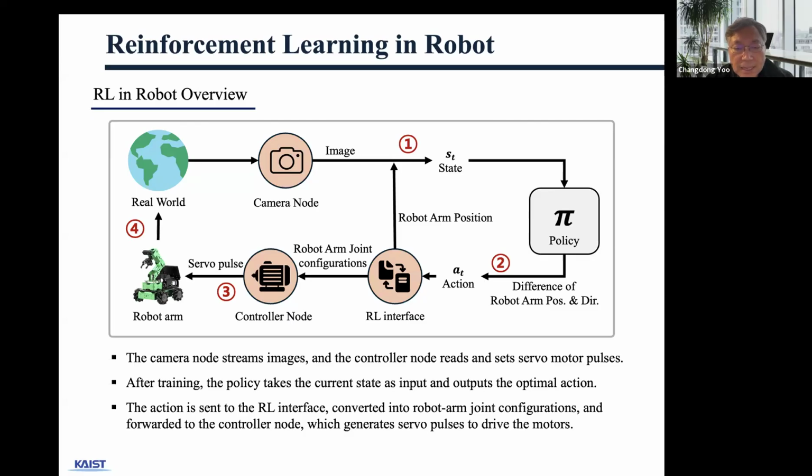Once you have the action, the RL interface comes in. This action is actually in terms of the change in the robot position, so it's represented in terms of delta X, delta Y, and delta Z. Where is it now, and where do you want it to move to?